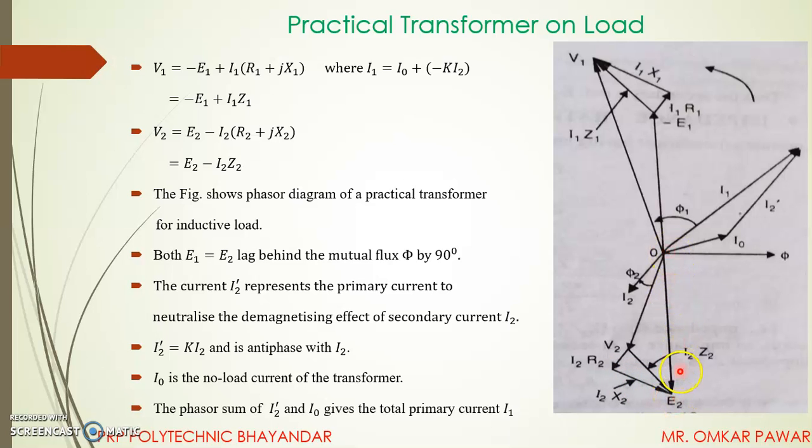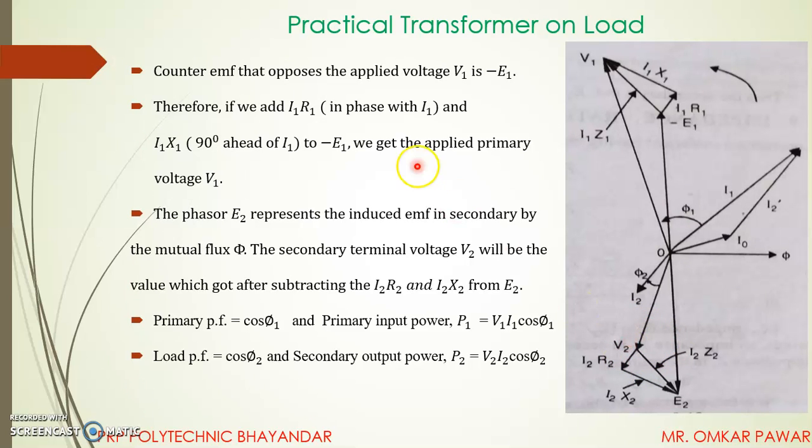So E2 minus I2 R2 and minus JX2 will give V2. So the counter EMF that opposes the applied voltage V1 is minus E1. Therefore, if we add I1 R1, which is in phase with I1, and I1 X1 to minus E1, we get the applied primary voltage V1.